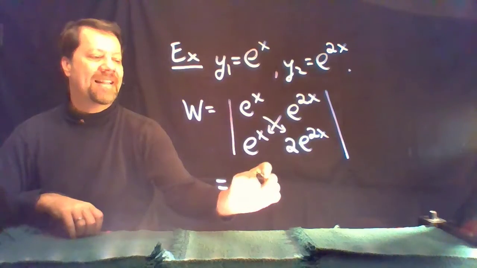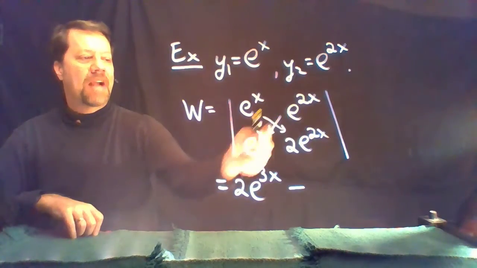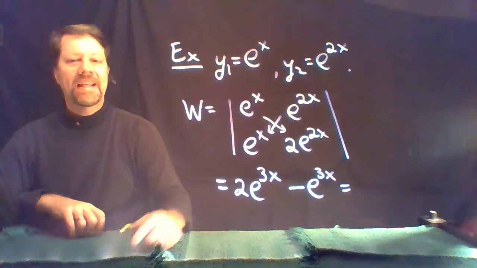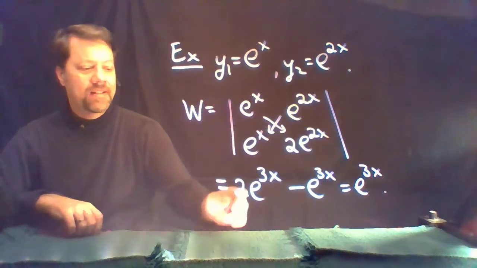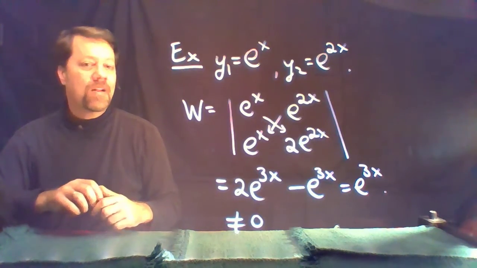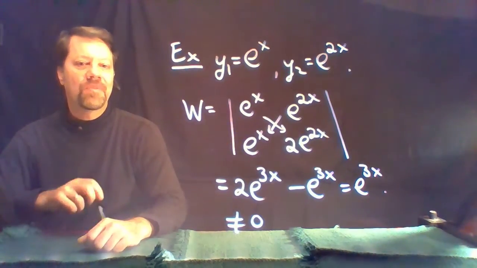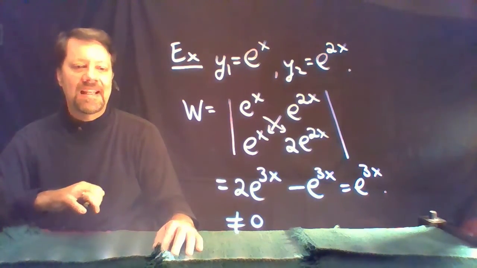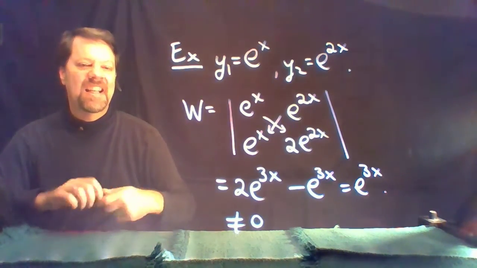When we multiply, we add the exponents, e to the 3x, and then we subtract the product this way, e to the 3x. What we get is e to the 3x. Note that what we get is not 0 for any x. It follows that the one solution to a linear combination of these equal to 0 is that with coefficients c1 and c2 equal to 0, which means these functions are linearly independent.